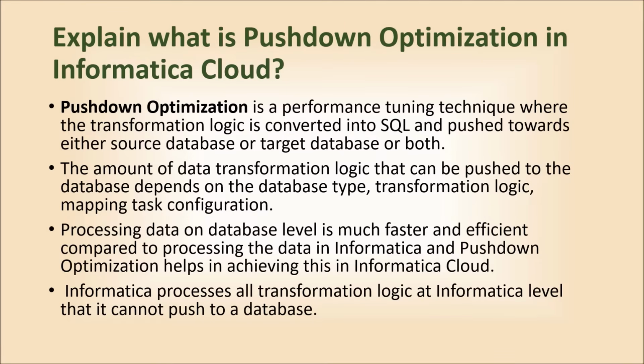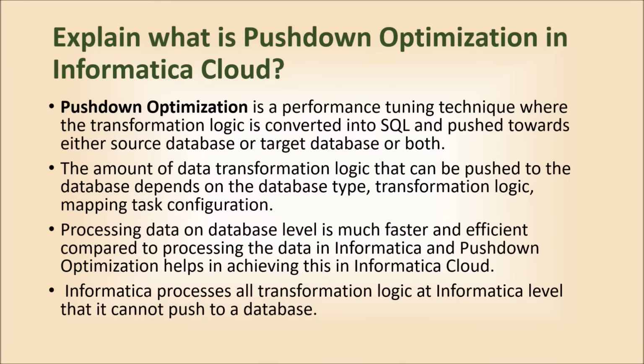The idea behind this technique is processing the data at database level, because processing the data at database level is much faster and more efficient compared to processing the data in Informatica. So the number of interactions between Informatica and the database is going to decrease if we process the data at database level.